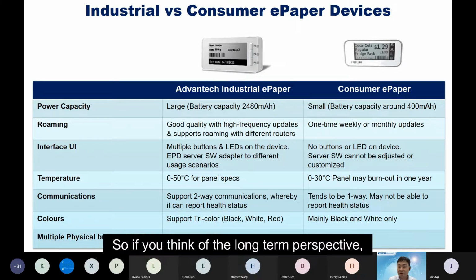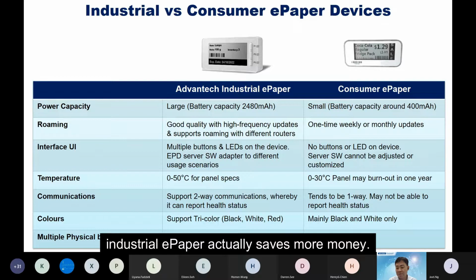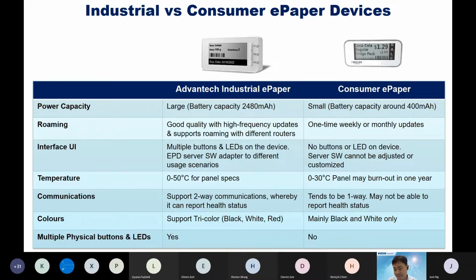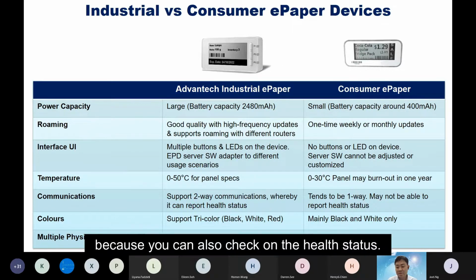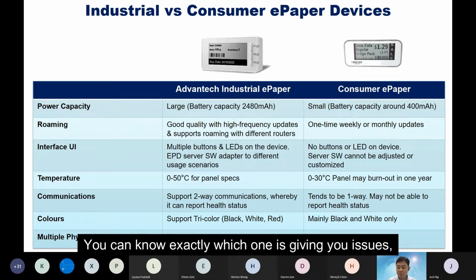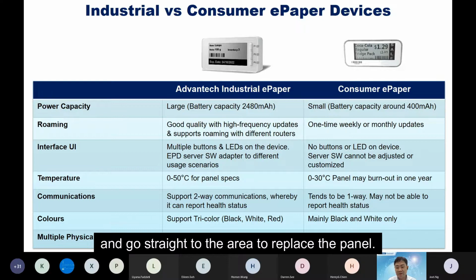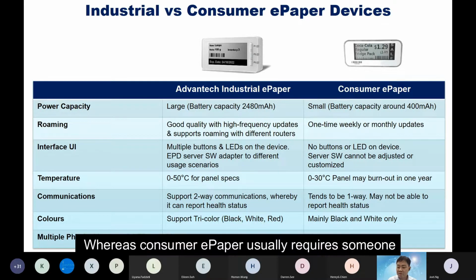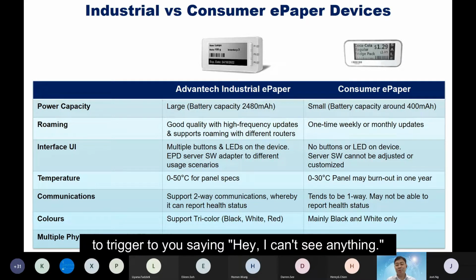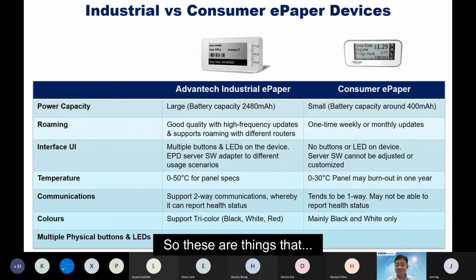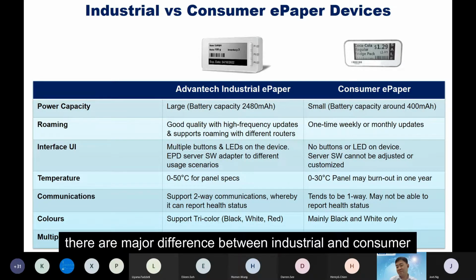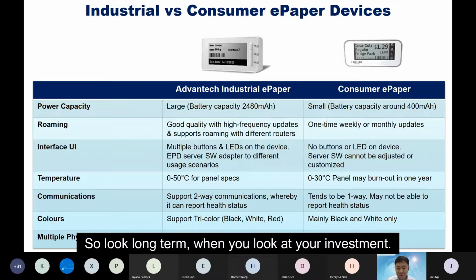From a long-term perspective, industrial ePaper actually saves more money and gives you more flexibility because you can also check on the health status. You can know exactly which one is giving you issues and go straight to the area and replace the panel. Whereas with consumer ePaper, usually someone has to alert you, and you can't see anything. These are the major differences between industrial and consumer, so look long-term when you look at your investment.